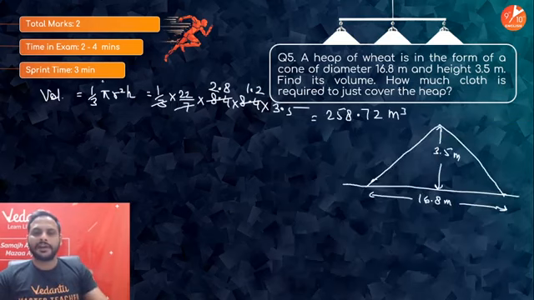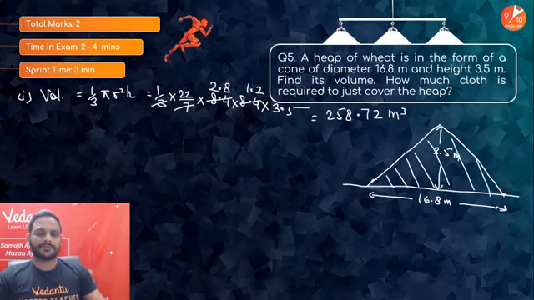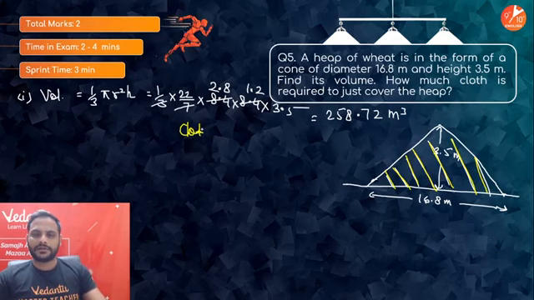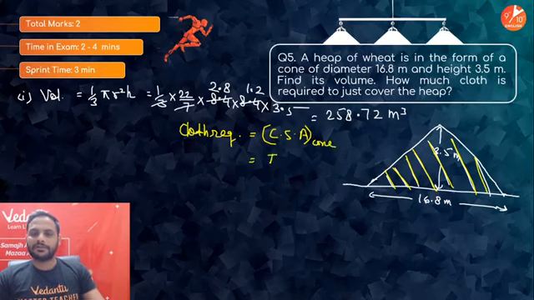Now, the second thing they are asking is how much cloth is required to just cover the heap. If I have to cover it, I have to cover the curved surface. If I have to cover this, beta, you can clearly see I have to cover the curved surface of this cone. So the cloth required will be equal to the CSA of the cone, and CSA of the cone is nothing but pi r L. Now L I don't know.